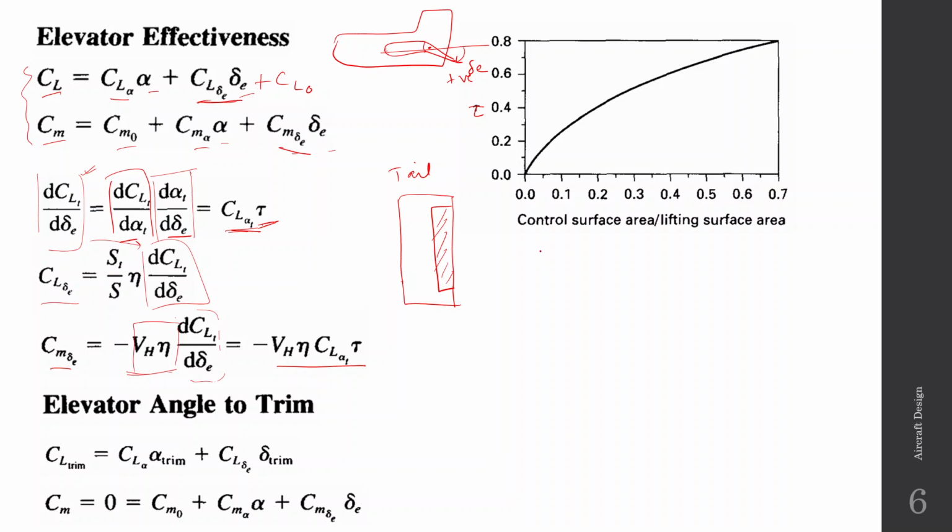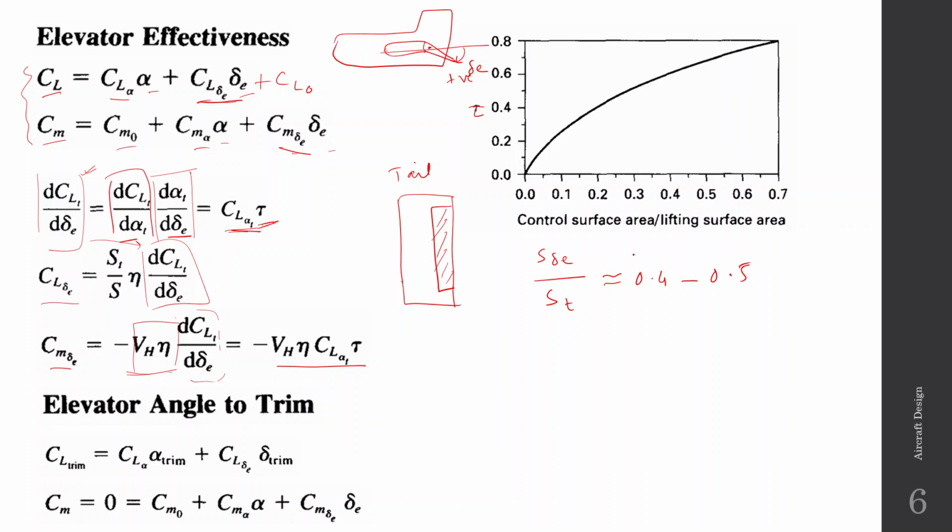So it mainly depends on the elevator area to the tail area like this. Now generally this ratio is around 0.4 to 0.5.